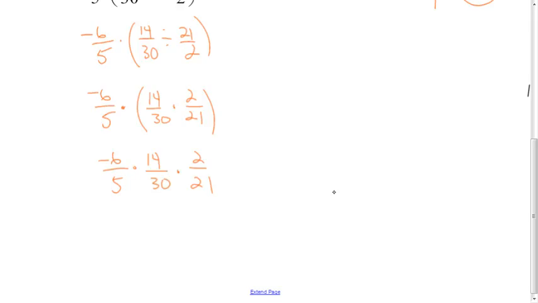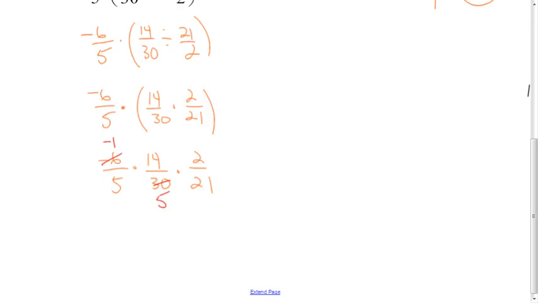So now I'm just looking for GCFs. I notice that -6 and 30 have one of 3. So I get -2 here. Actually, as I'm doing this, I realize a better GCF would have been, in fact, 6. So I'll get -1 here, 5 here.